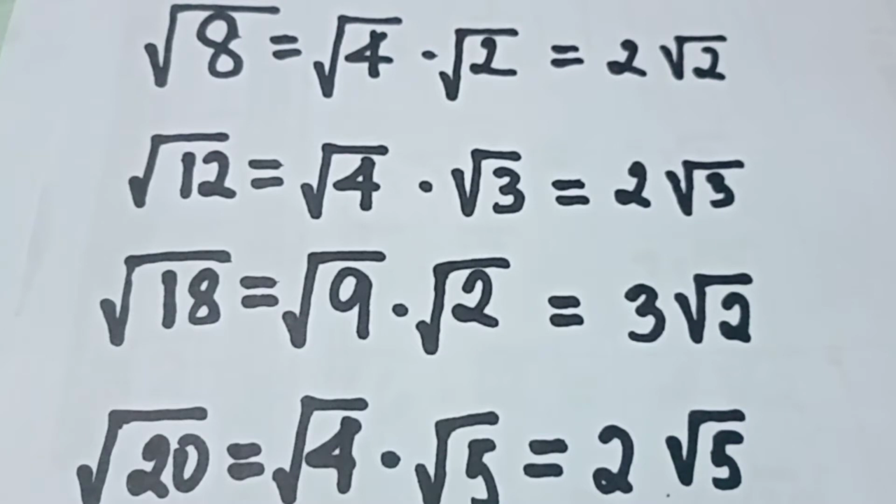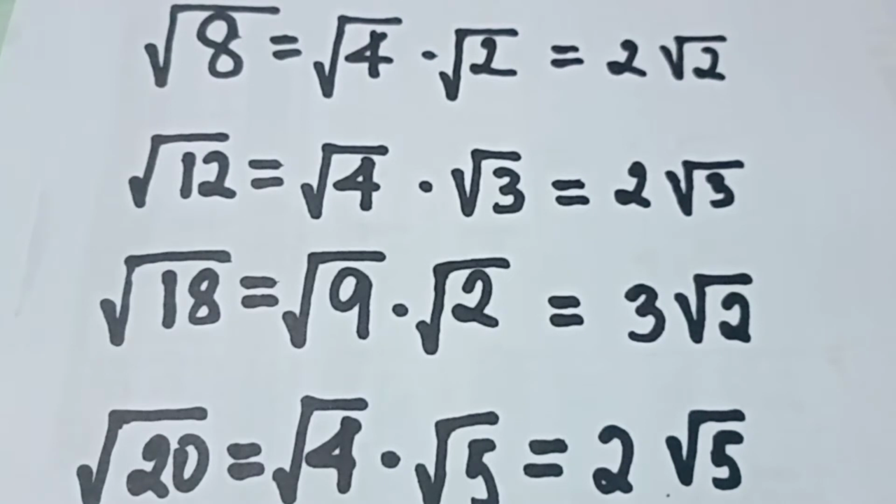Okay. Square root of 8 equals square root of 4 times square root of 2 equals 2 square root of 2. Next. Square root of 12 equals square root of 4 times square root of 3 equals 2 square root of 3.